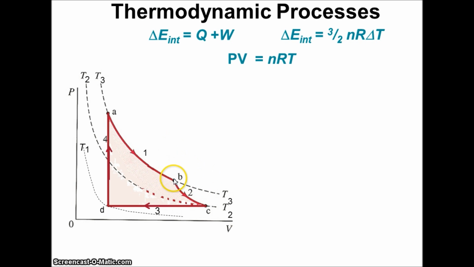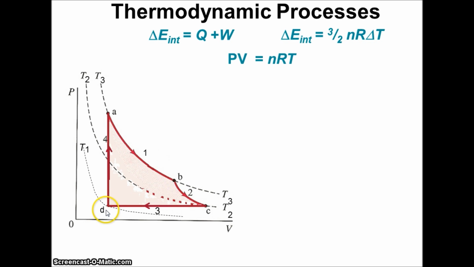For adiabatic processes, like B to C, they happen so quickly, or they are immersed in some kind of insulator, that heat cannot move into or out of the system. So whenever it's an adiabatic process, there is no heat. Q will be 0.